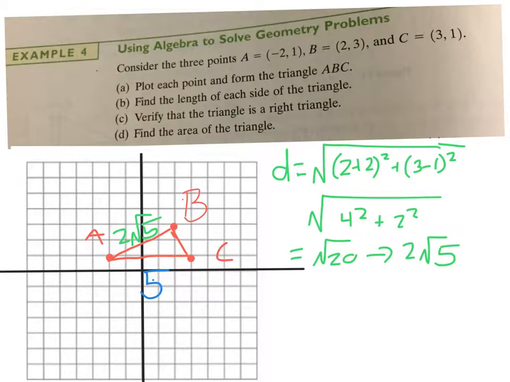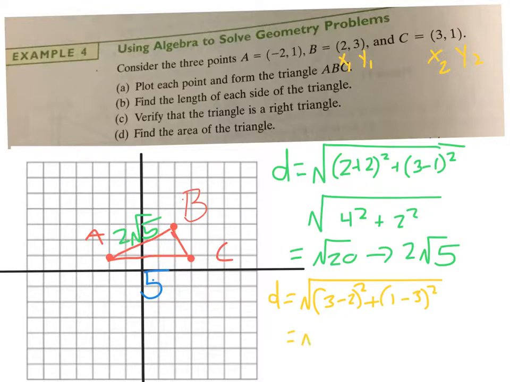Now, let's do the same thing for side BC. All right, so the distance is the square root. And again, I'm going to let this be x2, y2. And I'm going to let this be x1, y1. So I've got x2 minus x1 squared plus y2 minus y1 squared.